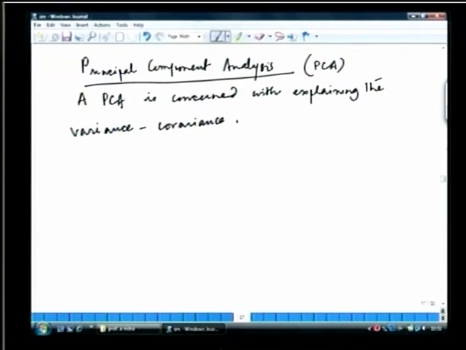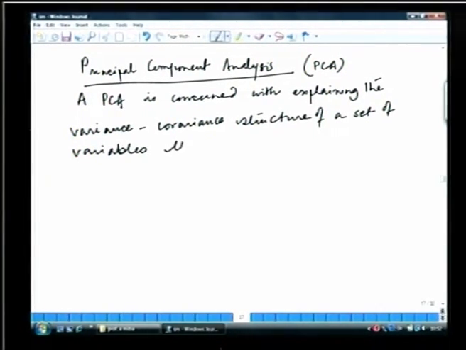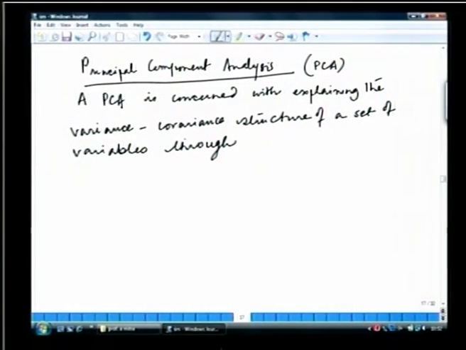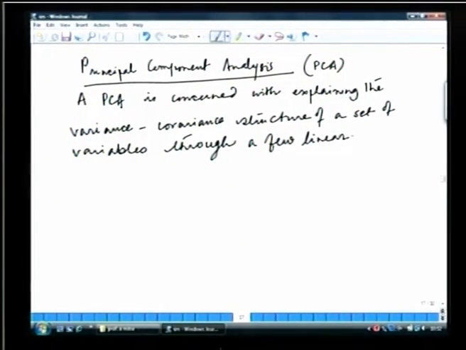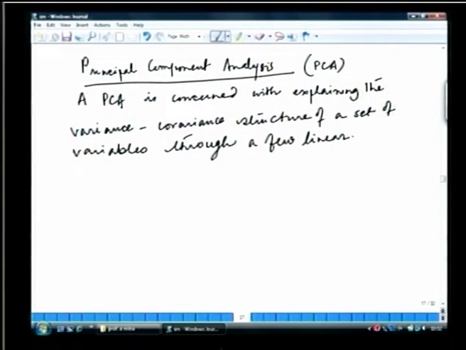So, the variance covariance structure of a set of variables through a few linear combinations of these variables. This few can be really very few, like even k equal to 2 or 1 may be good enough to explain the total variability.